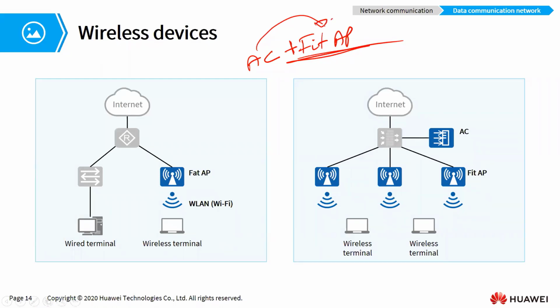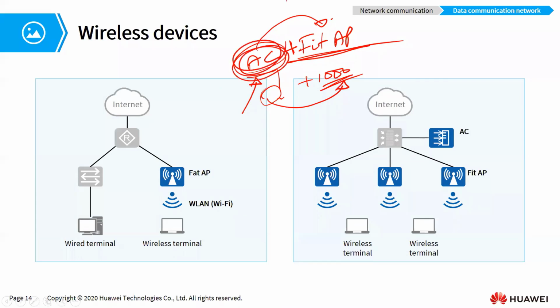This is very important and very useful because it means we can configure one access controller and use it to control 1,000 fit access points. This controller will deploy the configurations to all the 1,000 fit access points and monitor them and make sure they all function well. The only thing you as the network admin will do is to monitor the functionality and configure the access controller.